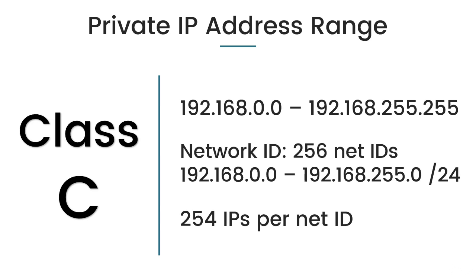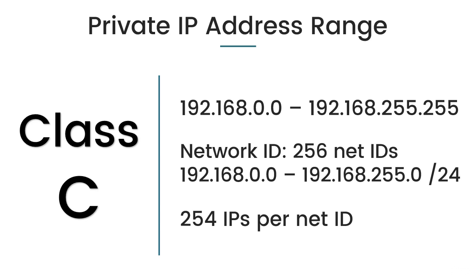Because it's /24, that means therefore that the first 3 octets are network ID, and I actually have a range of network IDs from 192.168.0 to 192.168.255. There are 256 different network IDs in this range.